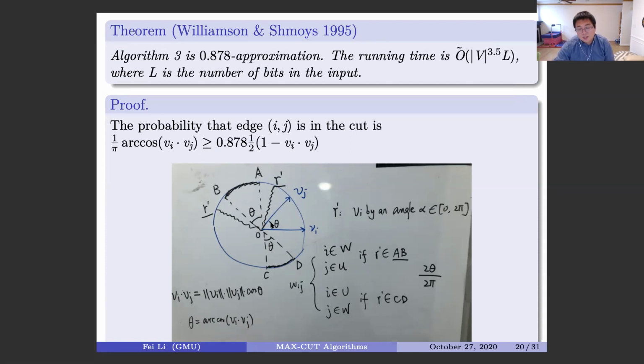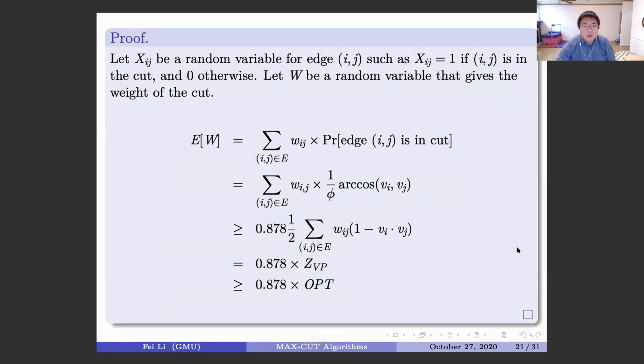So it's quite easy to see that. And then you know that the total probability that this edge is in the cut will be 1 over pi times cosine inverse of the inner product of vi and vj. And through some calculation, this is the result you get. Let us skip this proof.